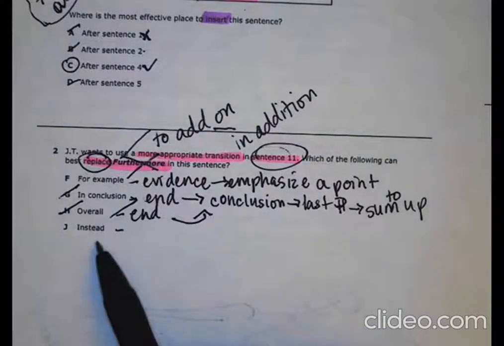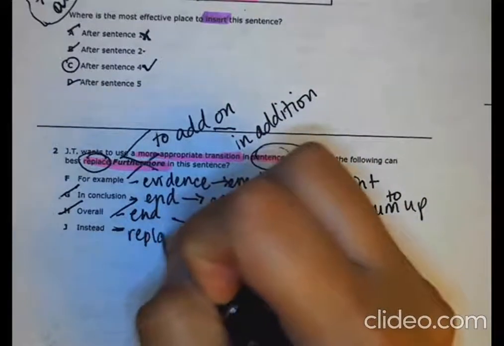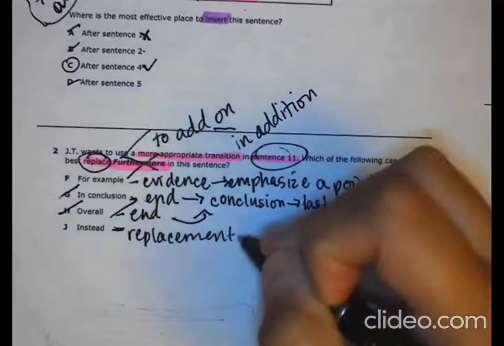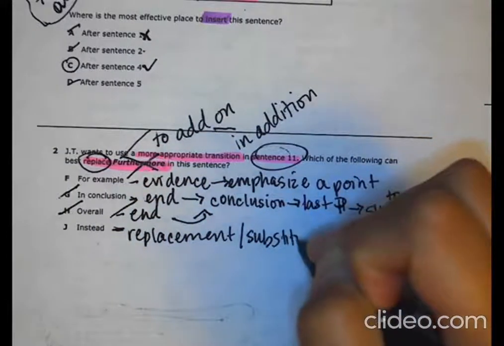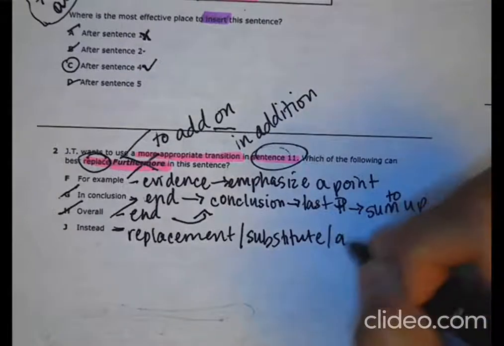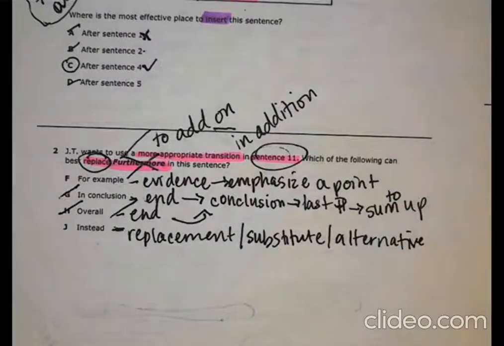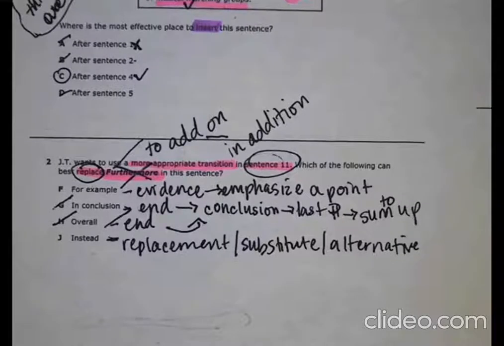Let's think about instead. What does instead mean? We can think about instead maybe when there's a replacement, maybe a substitute, an idea, right? Maybe when you're thinking about an alternative, when you're trying to say something, not this, but in reality this, but actually this, not this, but this, right?